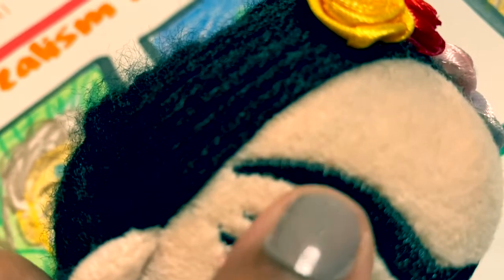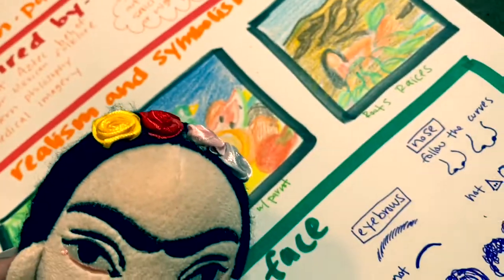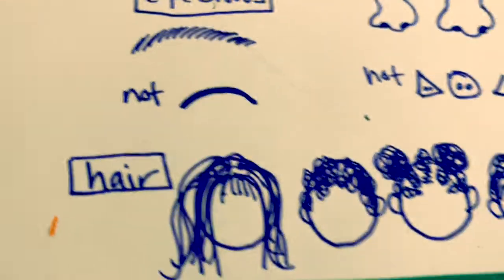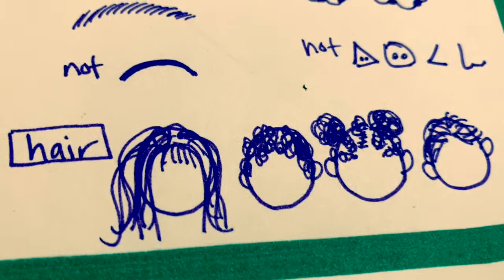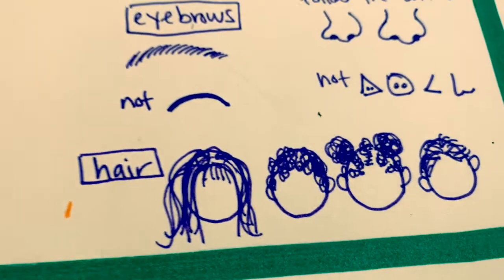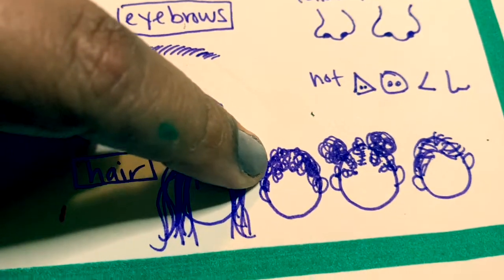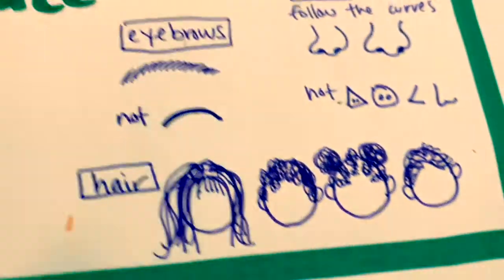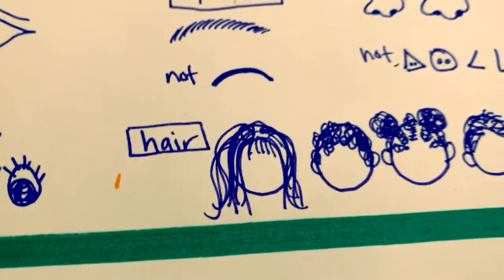And if we zoom in super close, her eyebrows are also single threads. We're looking at hairline here. You're going to look at the texture of your hair. If your hair is wavy, you're going to make wavy lines. If your hair is curly, curves. Here's some short curly hair. Here are some braids, so you would still do each braid. And here's some short hair and long hair.